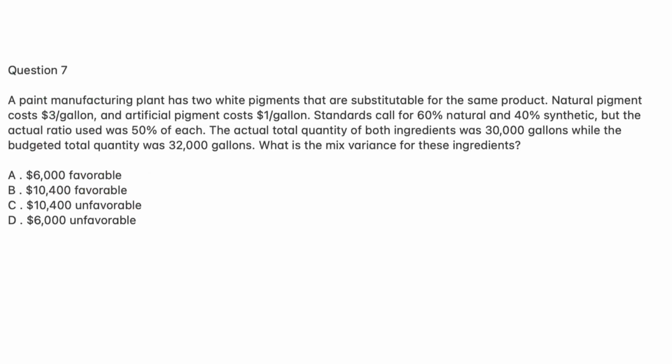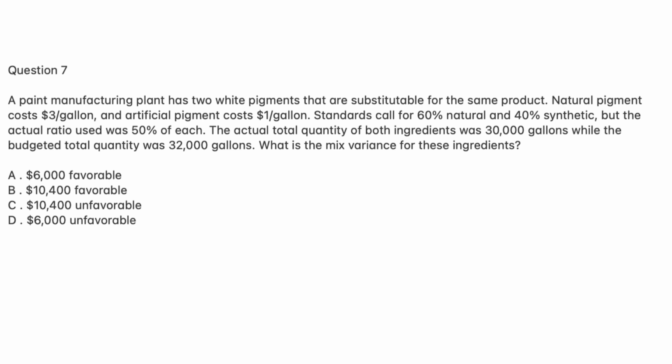Question 7. A paint manufacturing plant has 2 white pigments that are substitutable for the same product. Natural pigment costs $3 per gallon, and artificial pigment costs $1 per gallon. Standards call for 60% natural and 40% synthetic, but the actual ratio used was 50% of each. The actual total quantity of both ingredients was 30,000 gallons while the budgeted total quantity was 32,000 gallons.